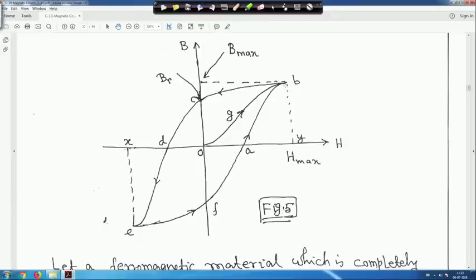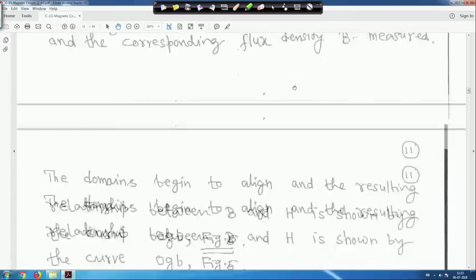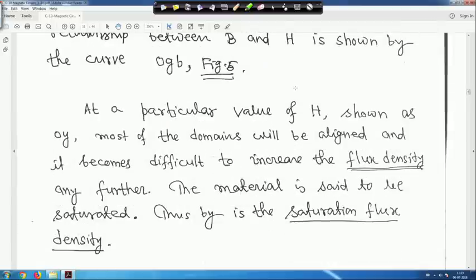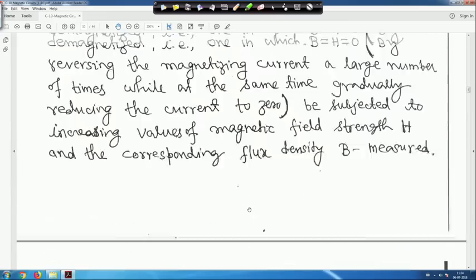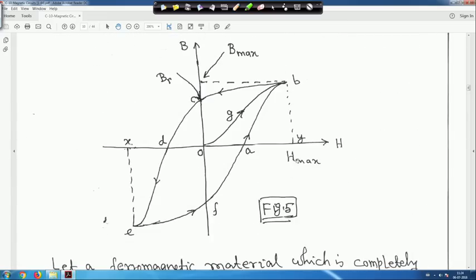That is why it is written here that after that the flux density will not increase, the material is said to be saturated. Thus it is the saturation flux density Br. So, this is my H max and this is my B max, it is saturated, right.